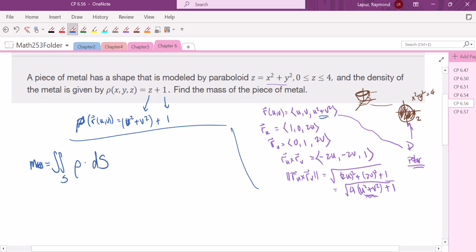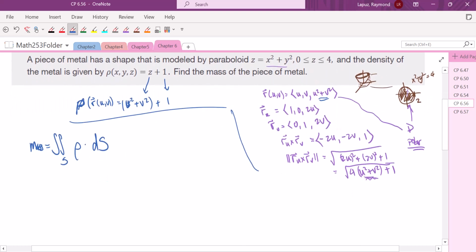Okay, and we know that in our surface integral, we will turn this into a double integral of this thing. So that's U squared plus V squared plus 1 times the magnitude of the cross product. That's the square root of 4 times U squared plus V squared plus 1, dA.